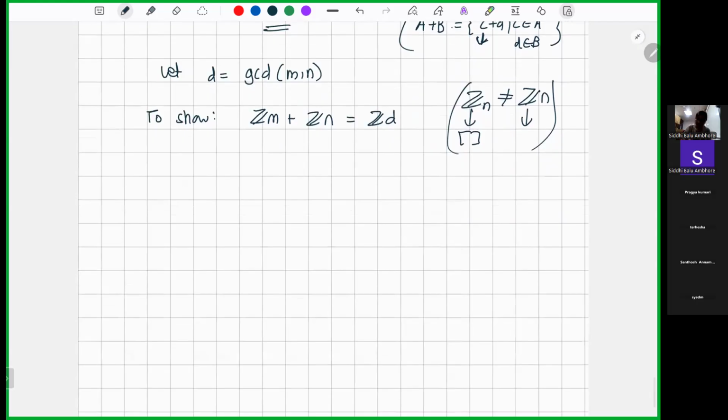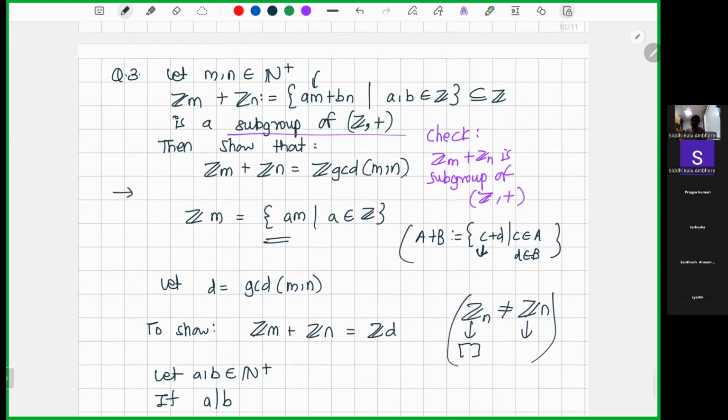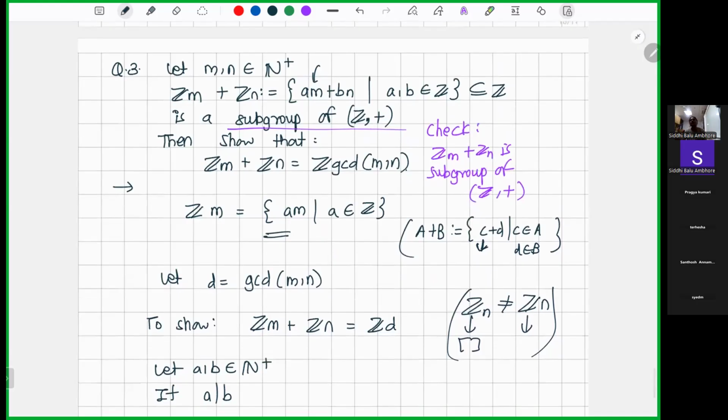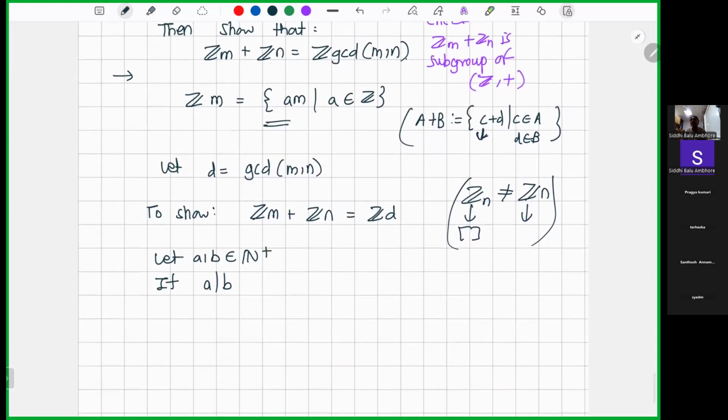So note that if a divides b for any integers, so let a, b belong to N plus, because we are starting with m and n positive integers.